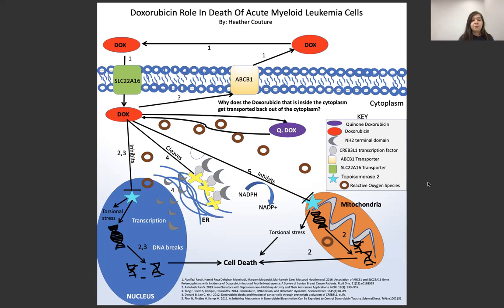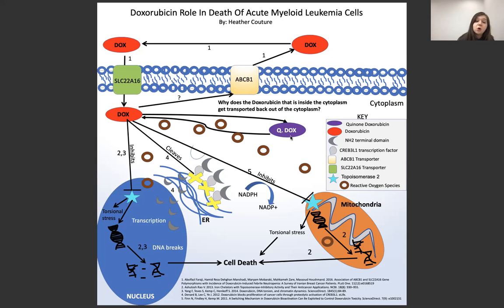One is through the binding of semiquinone, and once it binds to that, it can become quinone doxorubicin, and it'll go back and forth between doxorubicin that's bound to the semiquinone and then not bound. Through this cycle, reactive oxygen species is produced, and that can go to the mitochondria and nucleus and cause more issues to occur within there with the DNA.